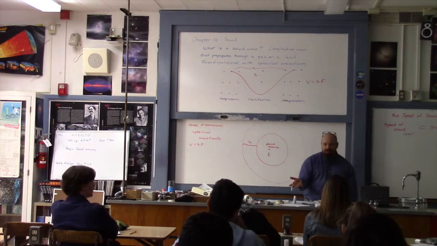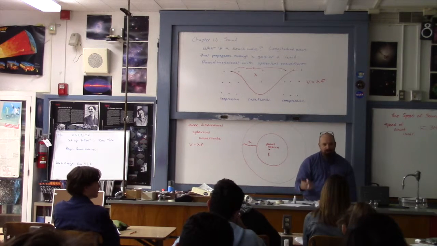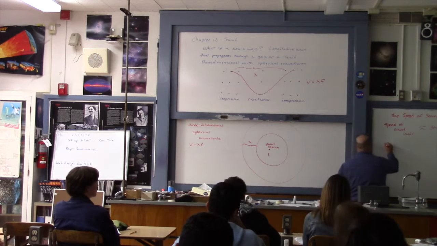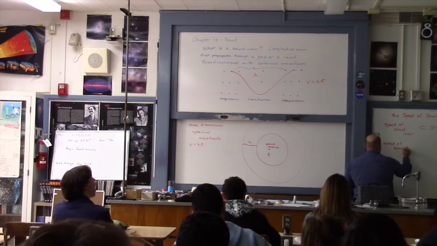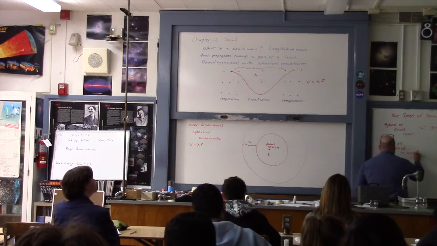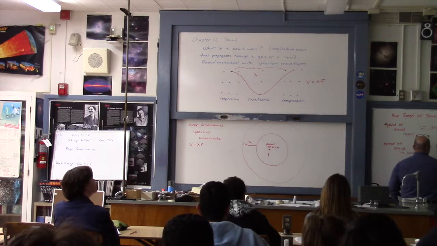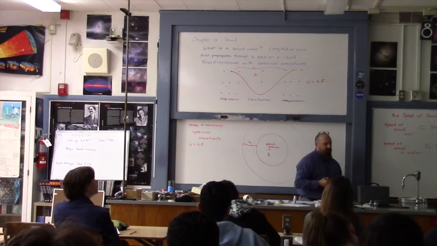One of the reasons is that in the denser material, the water, the speed of sound is considerably greater than it is in air. It's almost 5 times as much. I don't remember the exact number off the top of my head, but it's in the neighborhood of 1,400 meters per second, which is considerably faster than in air.